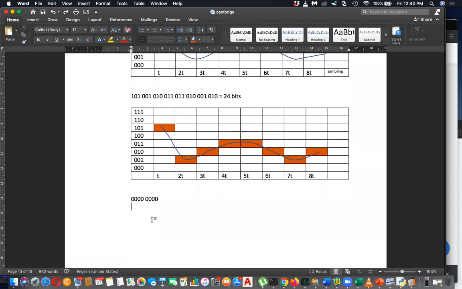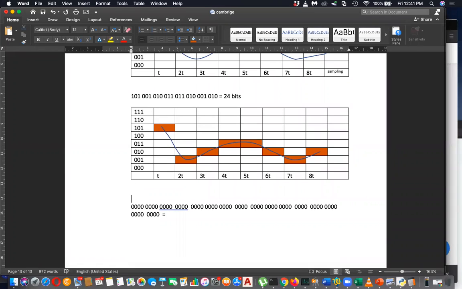Likewise, you will have 16 such, each with 4 bits. 16 into 4, what is the value? 64. 64 bits means how many bytes?